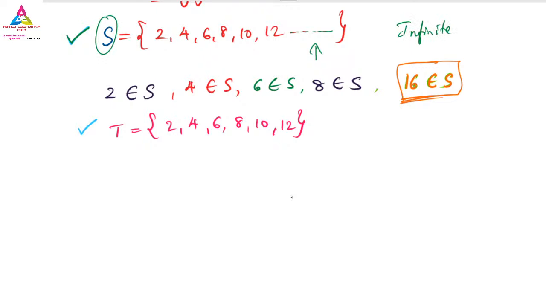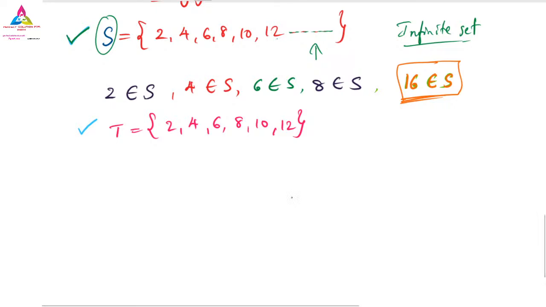Why do we call this an infinite set? We call it an infinite set because it has so many numbers. After 12 it is not terminating, it is not the end, it is a continuation, the 'so on' we have given.